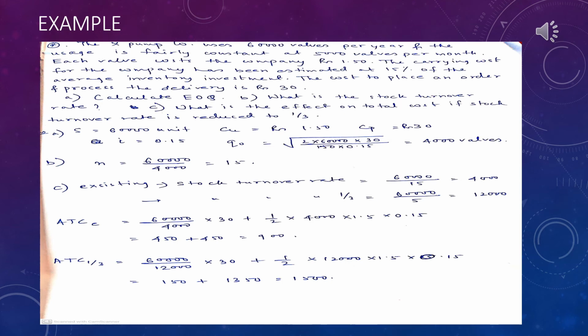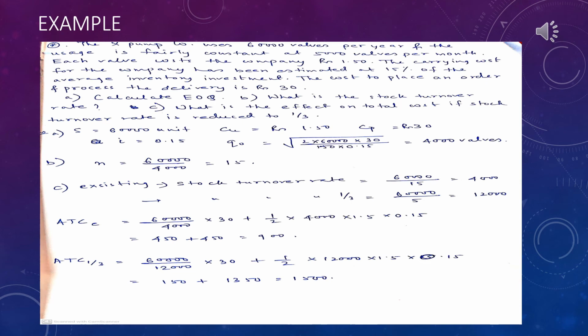Calculating the EOQ upfront: the square root of 2 into S into CP divided by CU into I. If we put back the values of S at 60,000, CP at 30, CU at 1.5 and I at 0.15, we get the EOQ as 4,000 units.